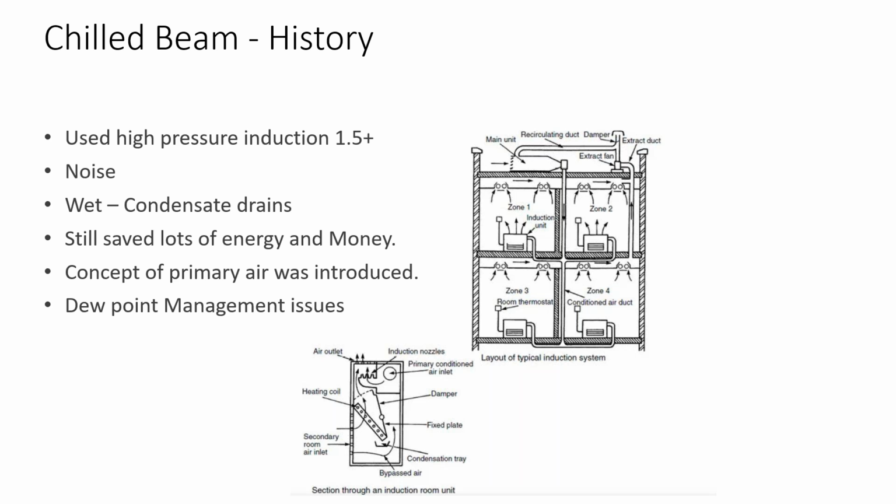And once you got to the floor, the induction unit itself was a pretty simple process. Induction units, as compared to a chill beam, are kind of the upside down process, where a chill beam blows down into the space. The induction unit is set up so that it blows up against the window.